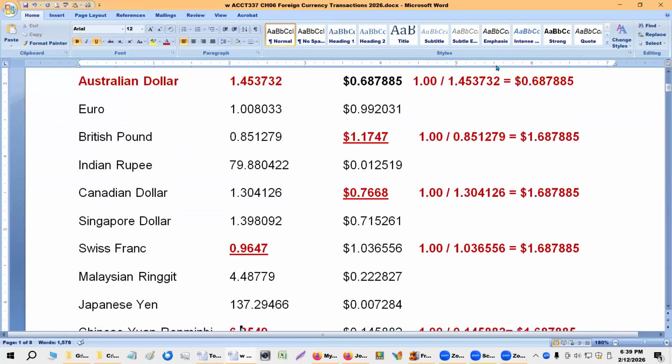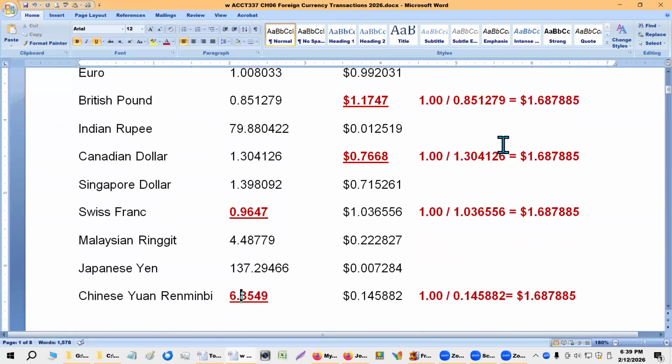And by the way, these exchange rates obviously fluctuate from time to time, and also countries will sometimes try to manipulate those rates, because they can have an impact on their economy.